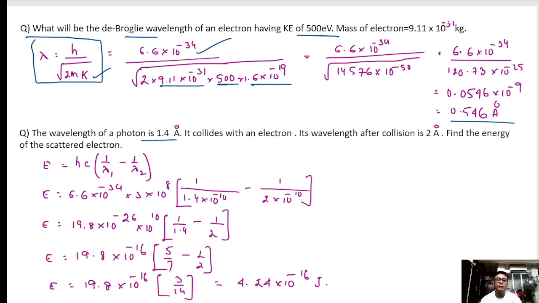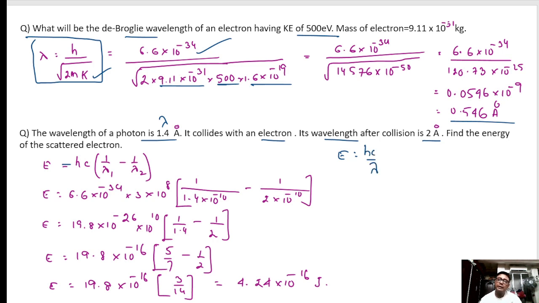The wavelength of a photon, this lambda given, collides with an electron. Its wavelength after collision is this. We have to find the energy scattered. We know that the incident energy is equal to hc by lambda.